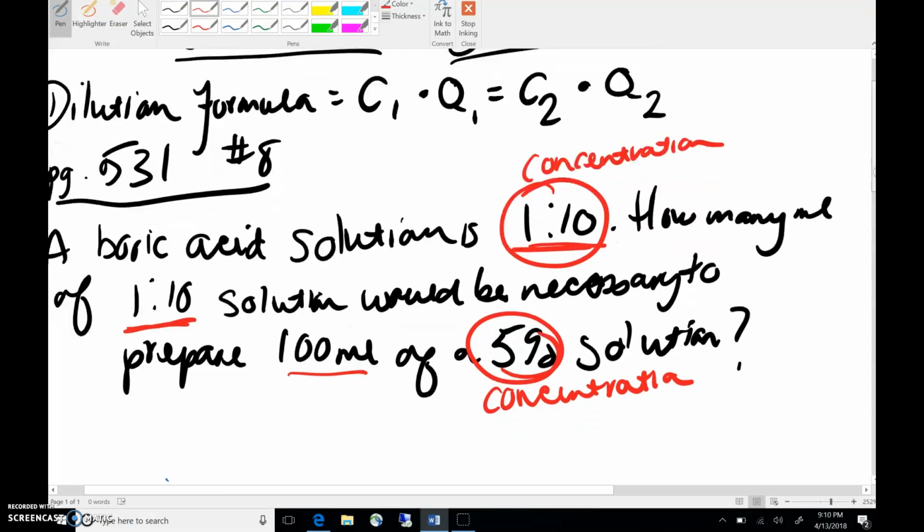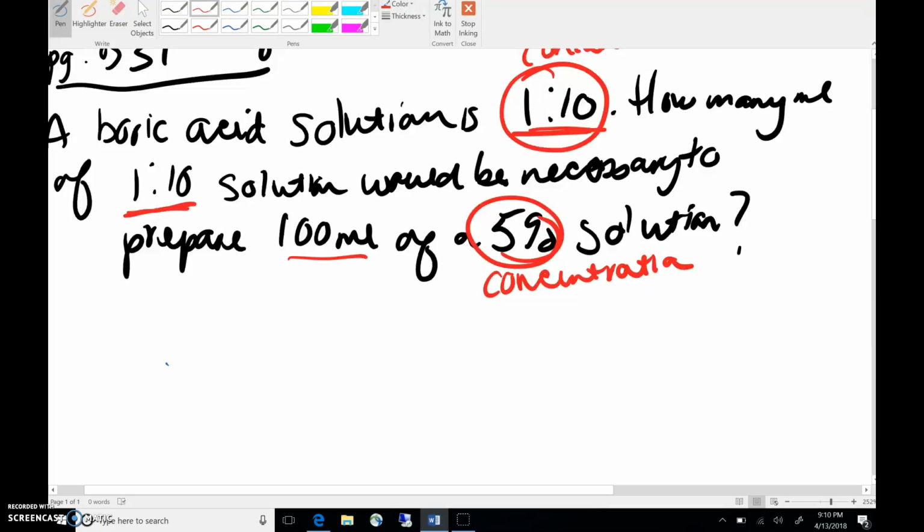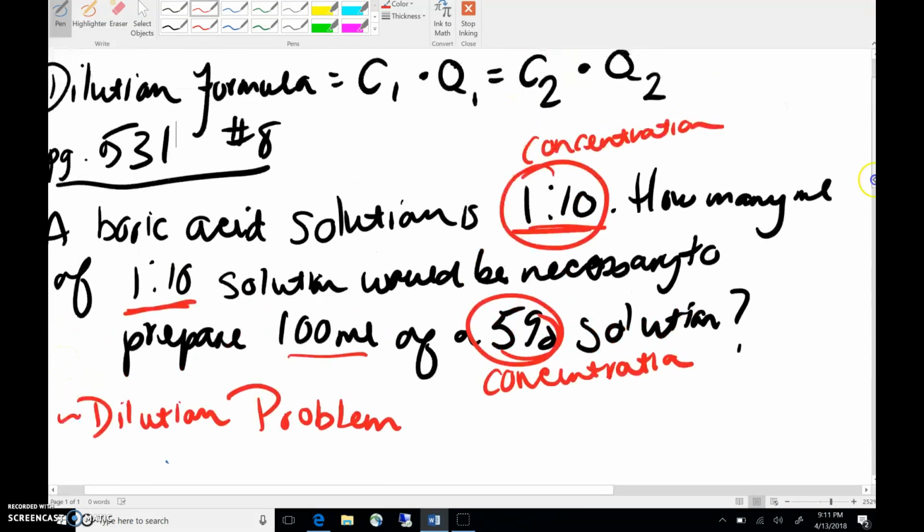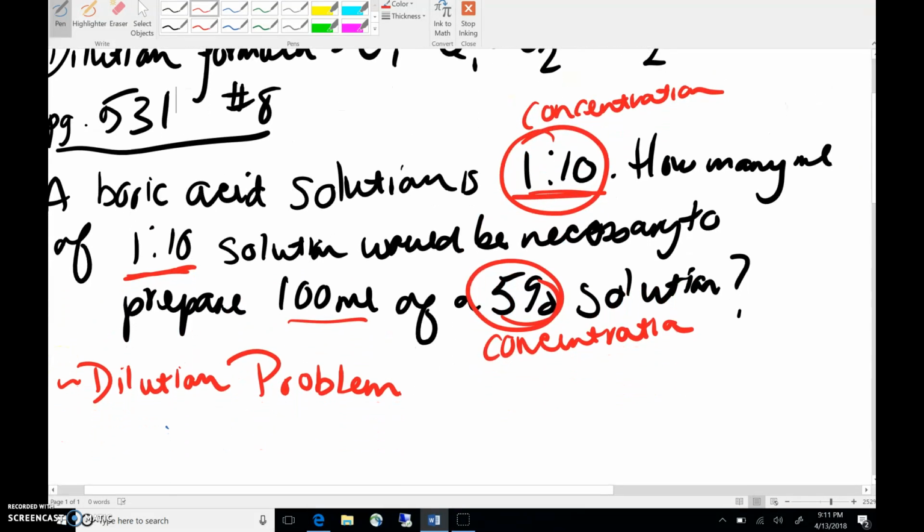It's a different concentration. So you know right off the bat this is a dilution problem, because you have two different concentrations listed within this problem. Because it's a dilution problem, your next step is to identify the components within the dilution formula.